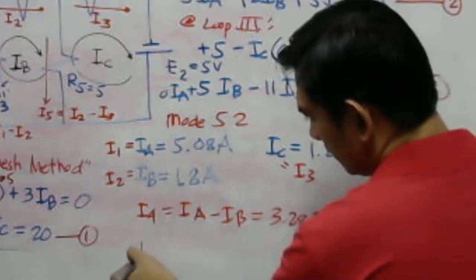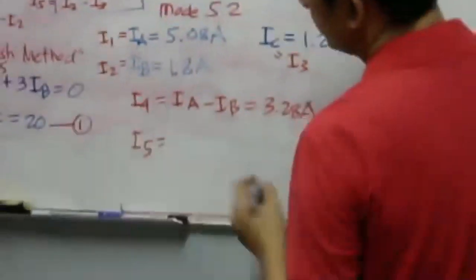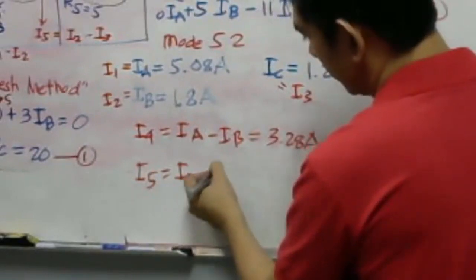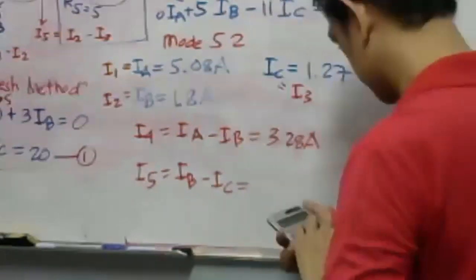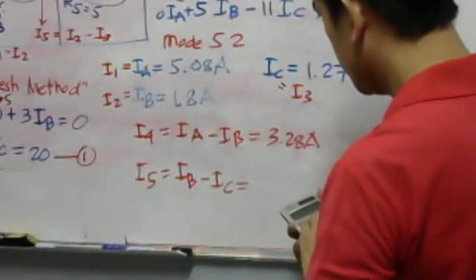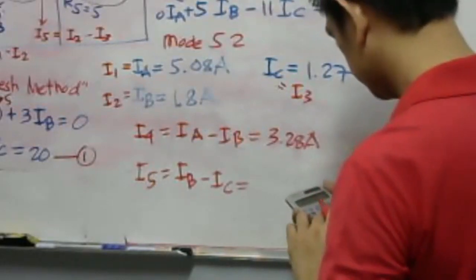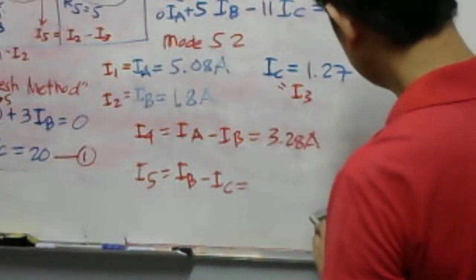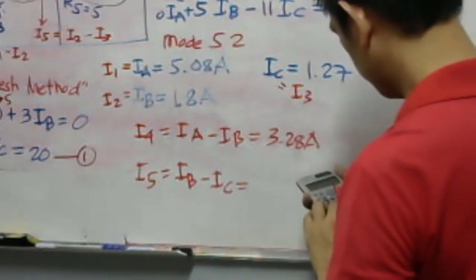What about our I sub 5, which is I2 or IB minus IC? What is our IB equal to? 1.8, then minus IC 1.27.